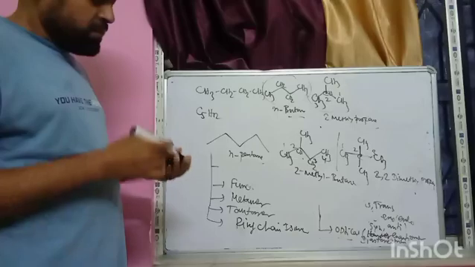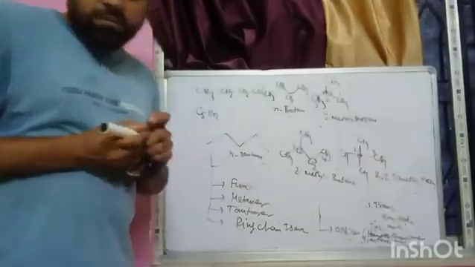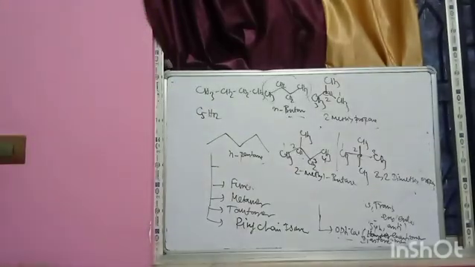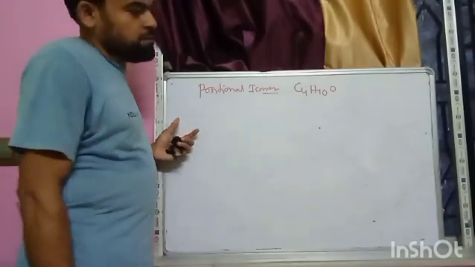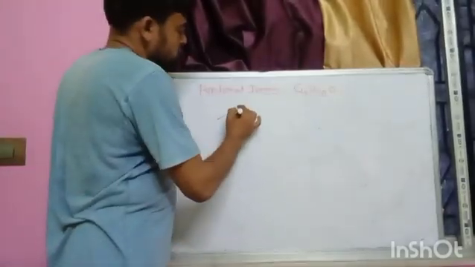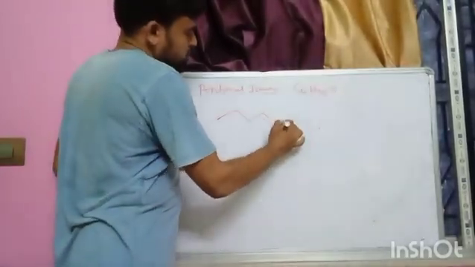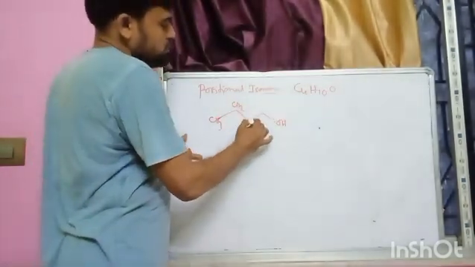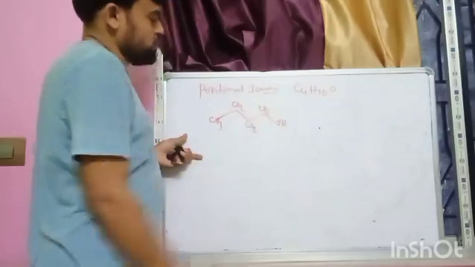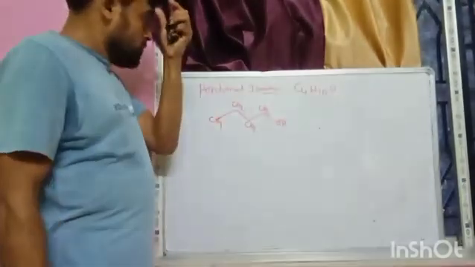Then we discuss the case of positional isomer, that is C4H10O. The structure of C4H10O is CH3 CH2 CH2 CH2OH, C4H10O.